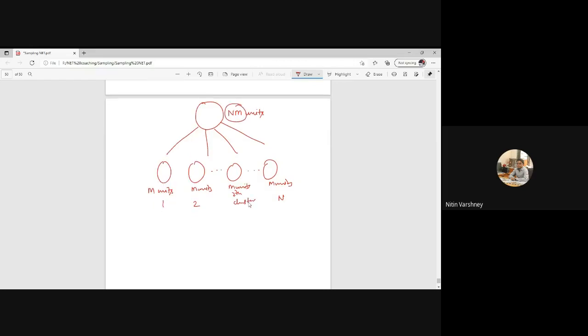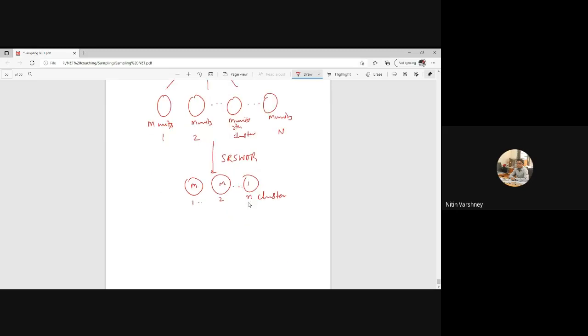Now I will select clusters with SRSWOR. Suppose these are the selected clusters, and the size of each cluster is m. So 1, 2, and n clusters are selected. After selection, this is the sample, and we will study all the units of the selected clusters.